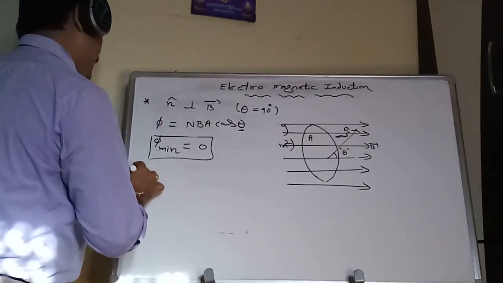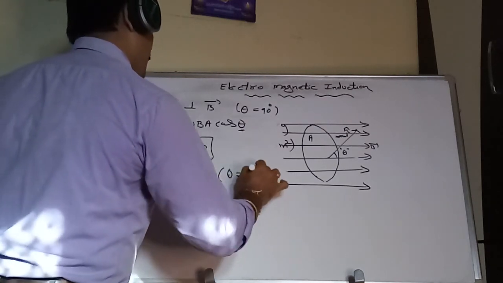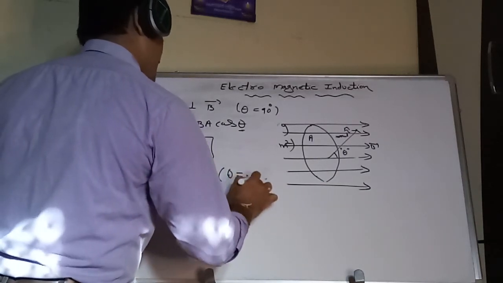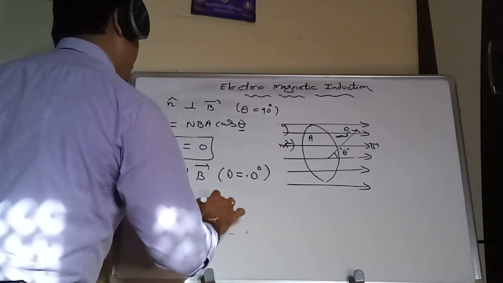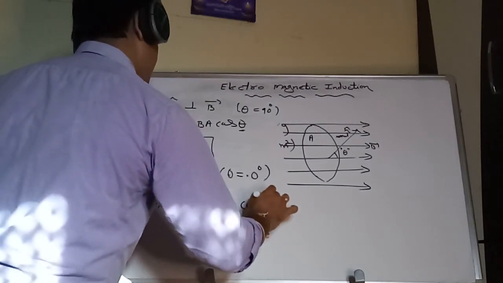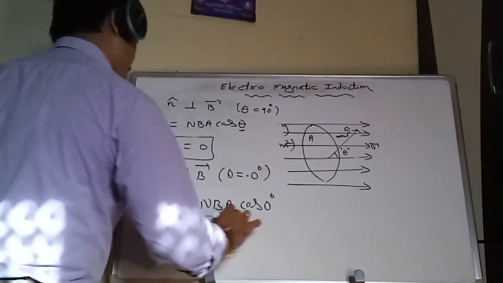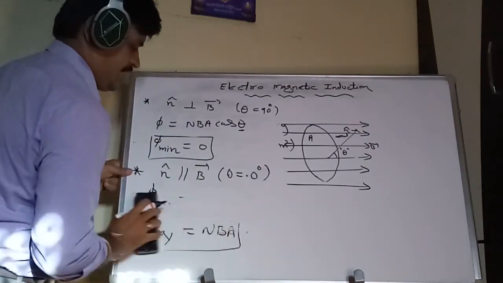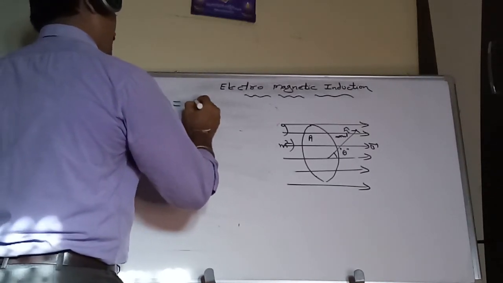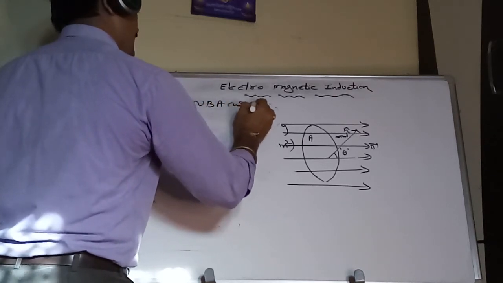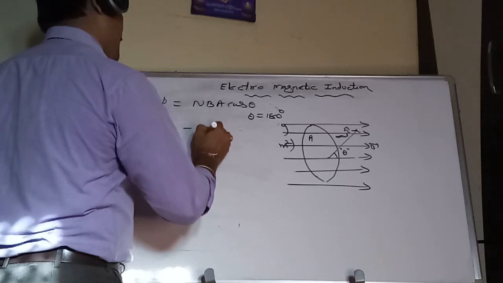When the unit vector is parallel to B bar, theta is 0 degrees, so phi is maximum, equal to NBA cos 0 degrees, that is NBA. When theta makes an angle of 180 degrees, phi is equal to NBA cos 180, that is minus NBA.